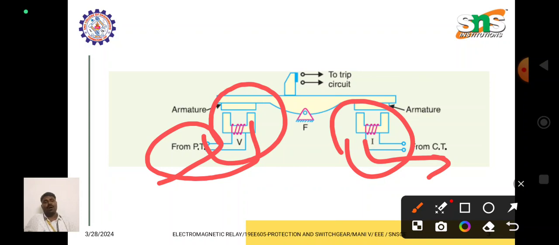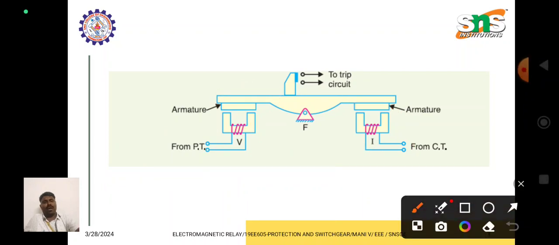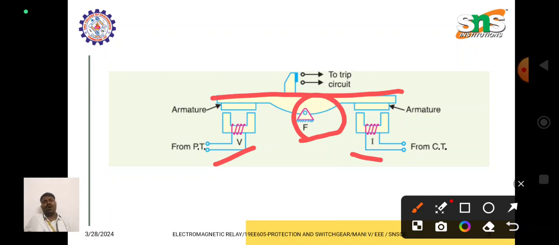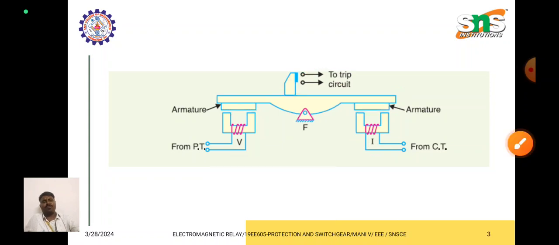So one electromagnet operates with voltage, another with current, and they are connected to the pivot at point F. This is an armature, and this is another armature. In the middle, it is connected with the trip circuit.